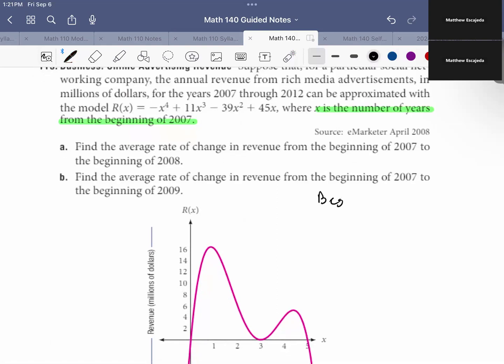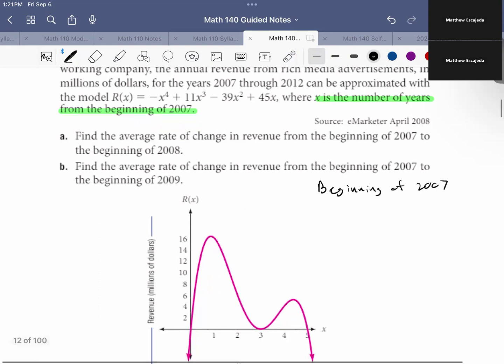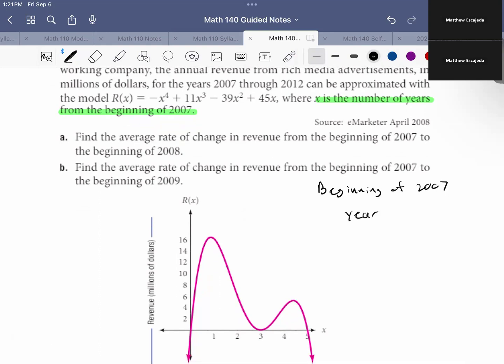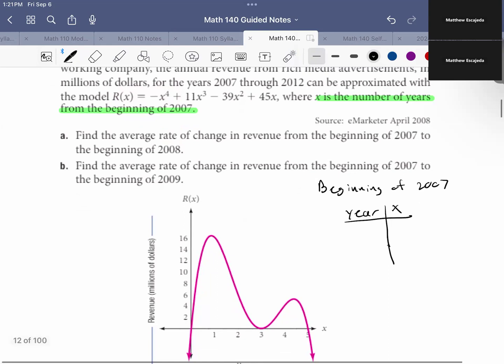I'll say beginning of 2007. So we have the year and we have our x value, because our function is talking about x. Let's relate year to x. The year 2007, that's when this whole thing is beginning.